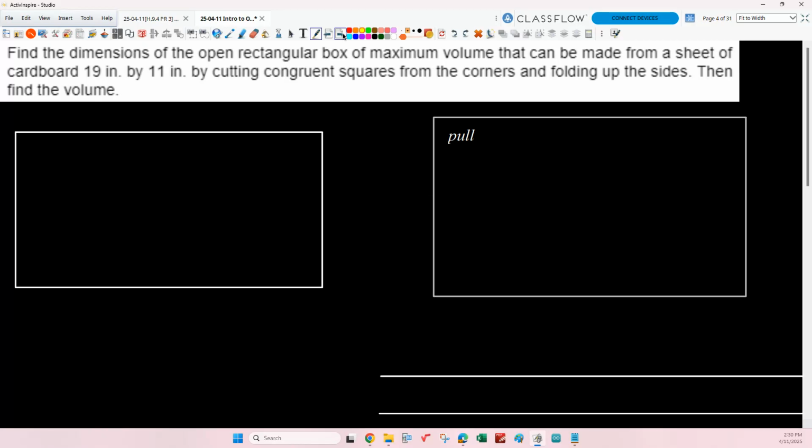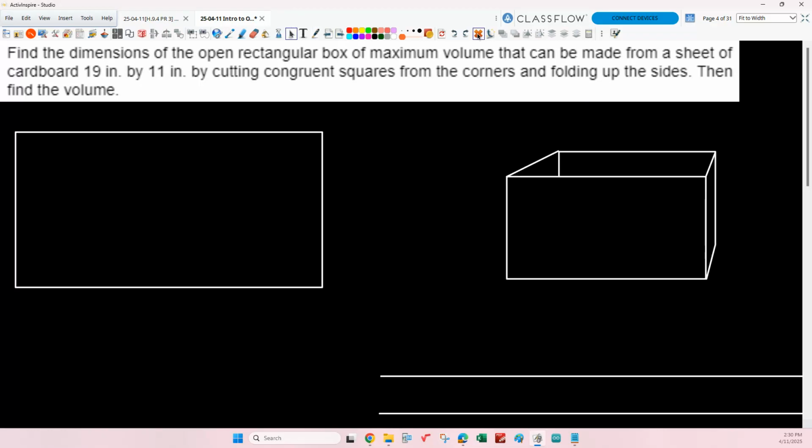Find the dimensions of the open rectangular box of maximum volume that can be made from a sheet of cardboard 19 inches by 11 inches by cutting congruent squares from the corners and folding up the sides. So do you see what that means? So here's our piece of cardboard, and what they're doing is that, right?